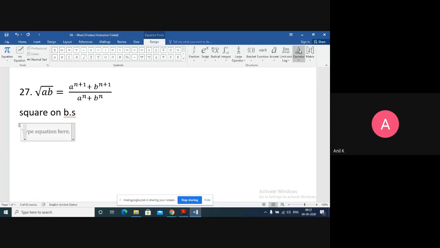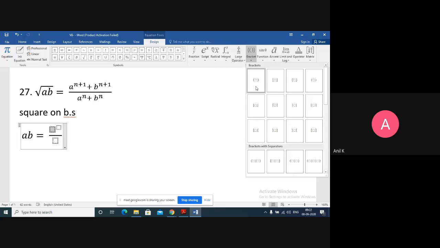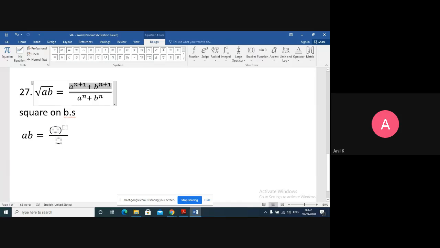Square of root AB is simply AB equals to, here what do I get for this term? So one step I write for you the square of the terms. The next step will be clarity.